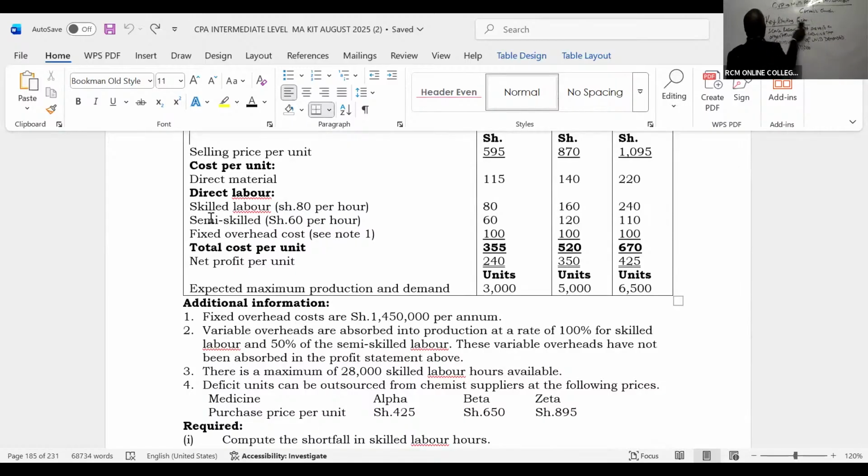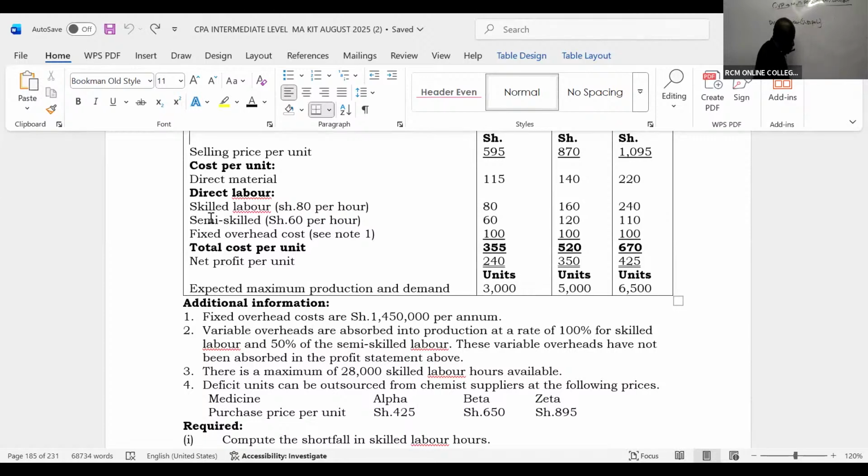So under direct labor, this is what I'm able to see. Under direct labor cost, we have here shillings 80 per hour.